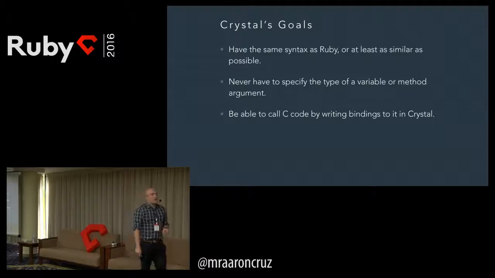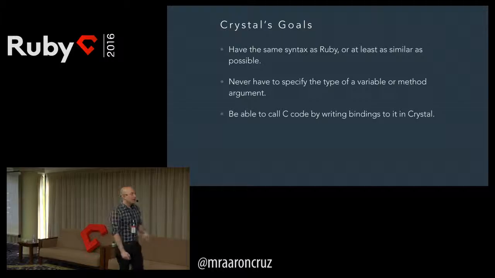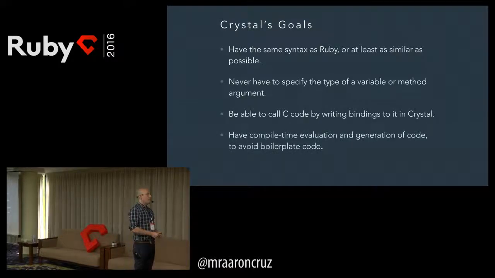The C bindings are pretty awesome. If you need to call out to any C code, it's very much like FFI, if you've ever used that, but way nicer. You're doing more compile time type inference. You don't need to spell out all your types like with Java, which gets awful after a while.